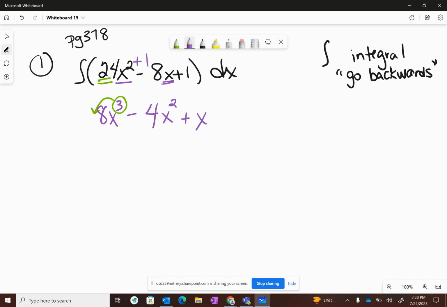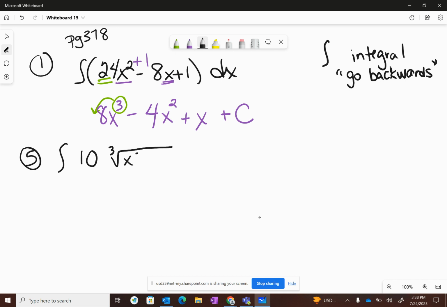Now, this is where you need to make sure that you put the C. There could be a constant there that we don't know about. The next problem that they have for us to work is number 5. Same kind of thing, the integral of 10, it's not 10 cubed, it's 10 cubed root, so the 3 is going here.